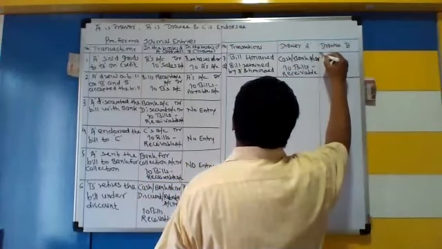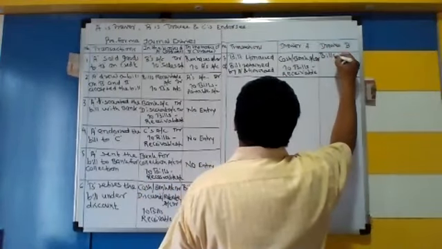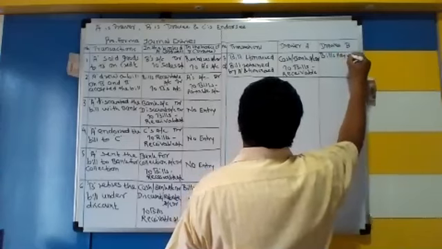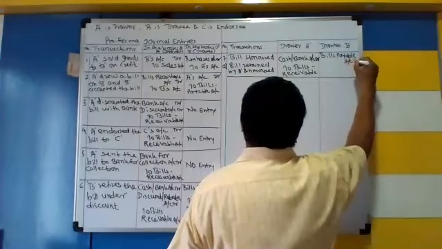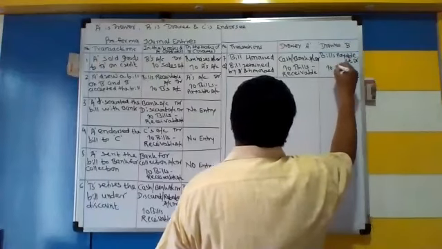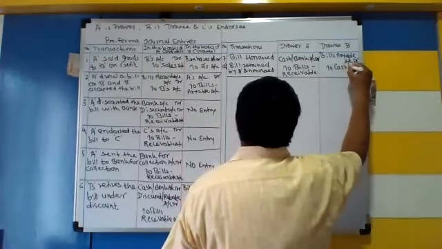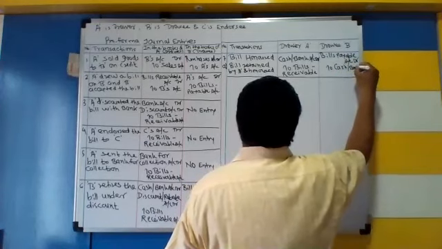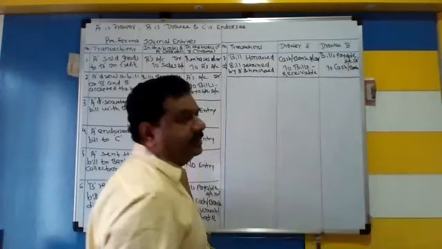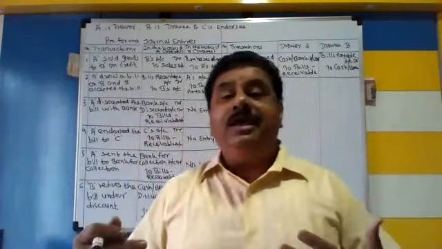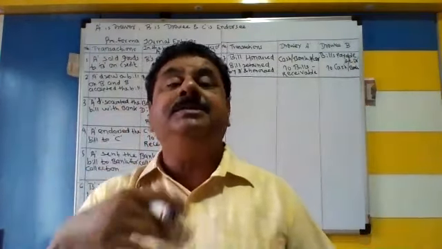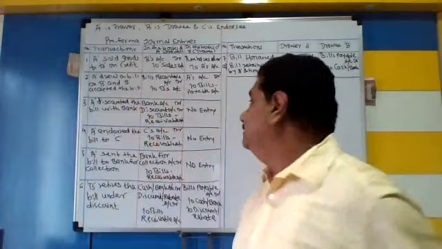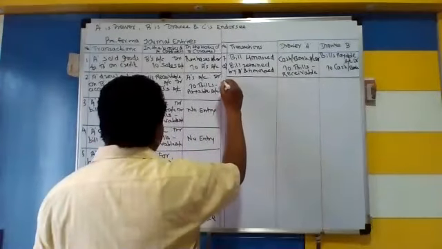Here B will pass the entry, bills payable account debit to cash or bank account. For A, it is the receipt of the money, but for B, it is the payment of the money.